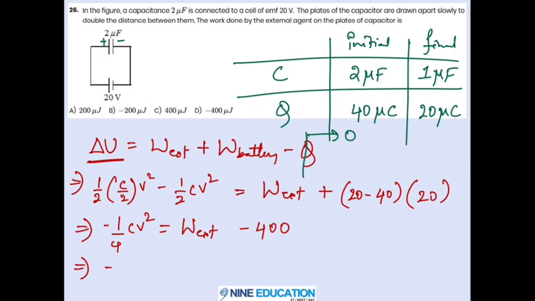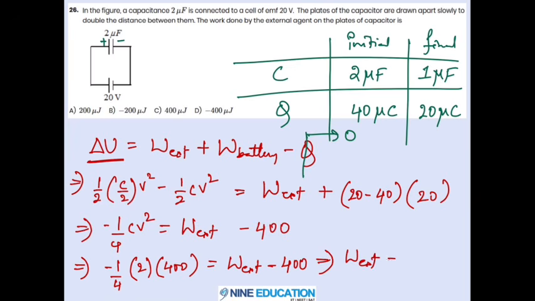And this is minus 1 by 4 into C is 2 and V square is 400 again. That is equal to work done by external minus 400. This implies work done by external is equal to 100 minus 200 plus 400. So work done by external agent is 200 microjoules. So option A is correct.